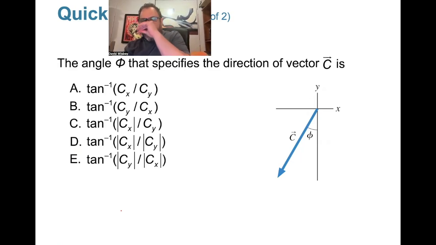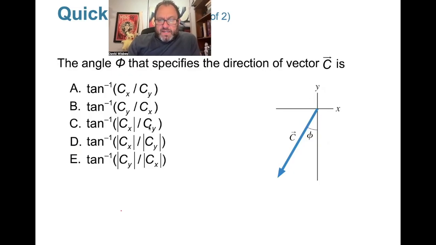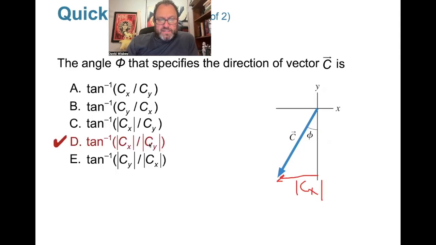And if we just want that angle there, then we need to make them positive, right? So it should be positive CX over CY. So I think it's D. Yeah, it is D.